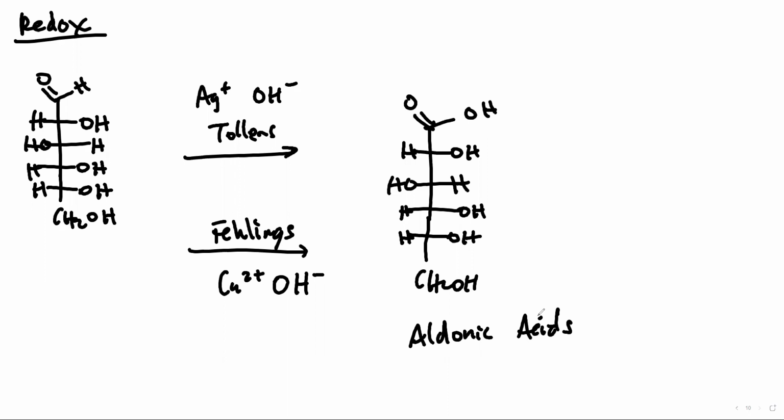Now, because the metal is oxidizing the system, turning it into a carboxylic acid, that means the aldehyde is reducing these metals. Aldose sugars we call reducing sugars. So if we have a carbonyl, like an aldehyde, we call this a reducing sugar.